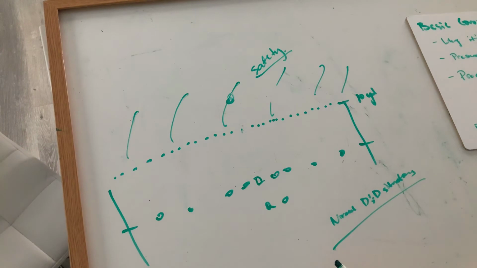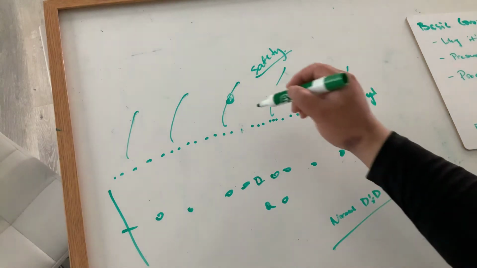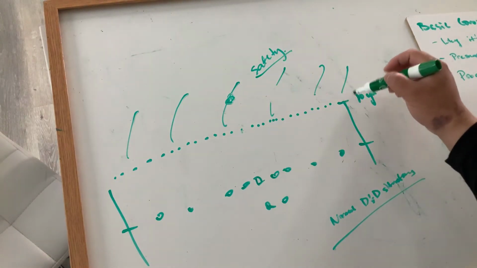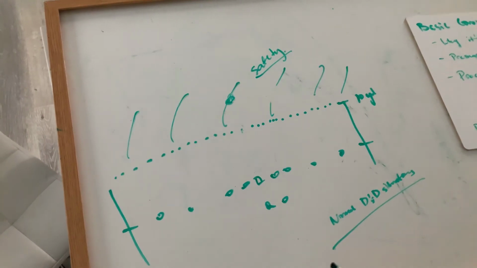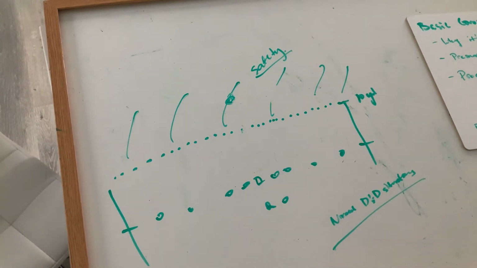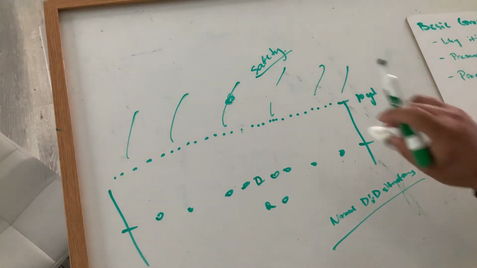I don't care if he's labeled as a quarterback, a defensive tackle, an offensive tackle, a kicker. If he's lined up back here at 10 yards or more before the play starts, I'm counting him as a safety. So that's my rule of thumb.